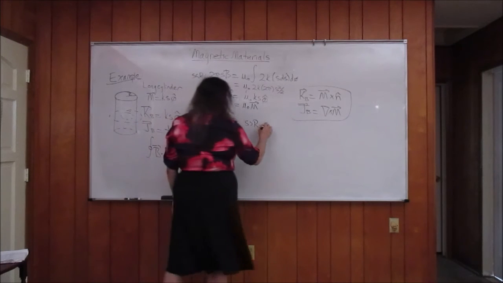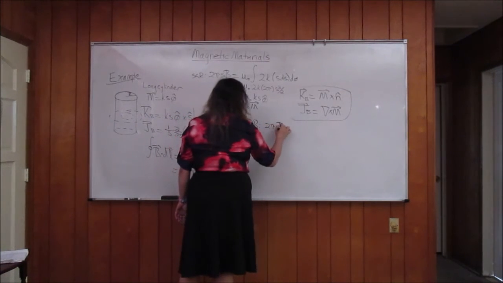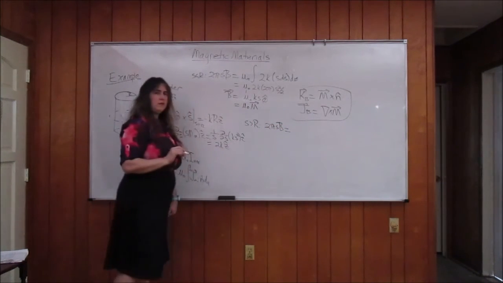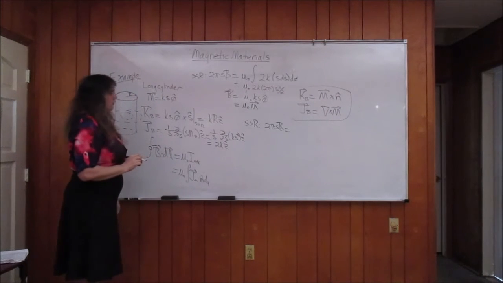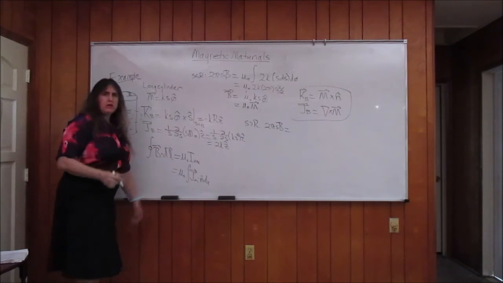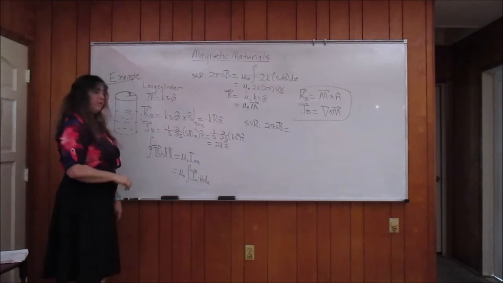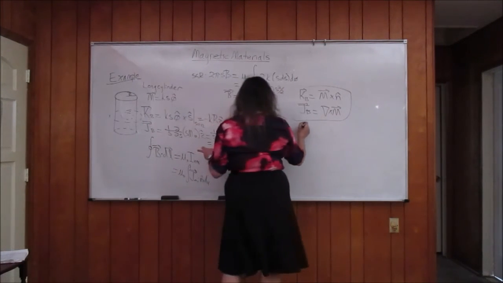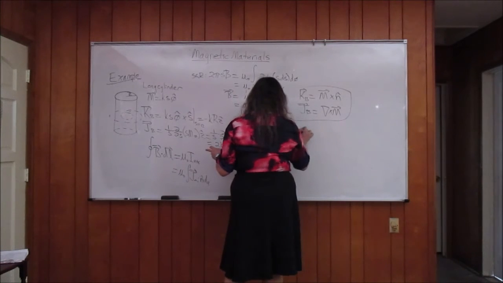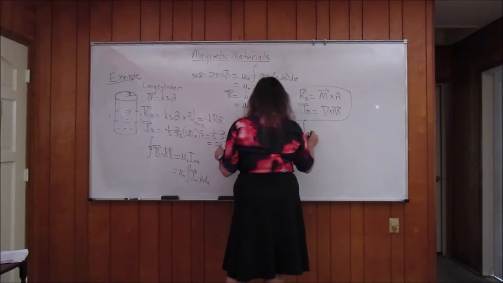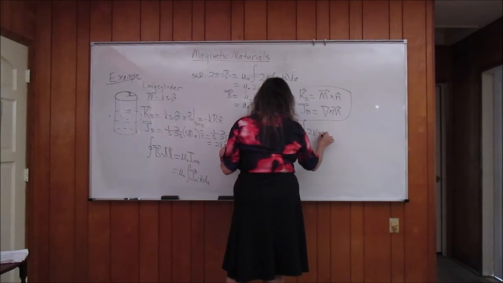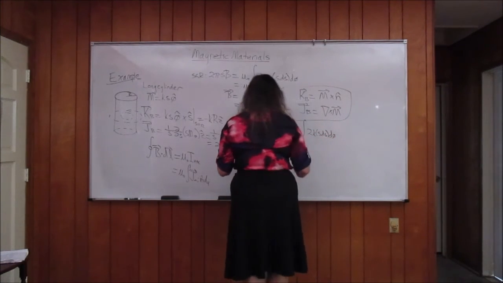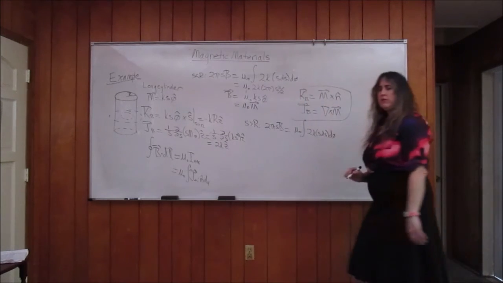We have an Amperian loop that's circular and coaxial with the long cylinder. We also know that B is in a circumferential direction because of the symmetry of the problem. So we've got the volume current density that we have to take account of, and then we also have to take account of the surface current density.